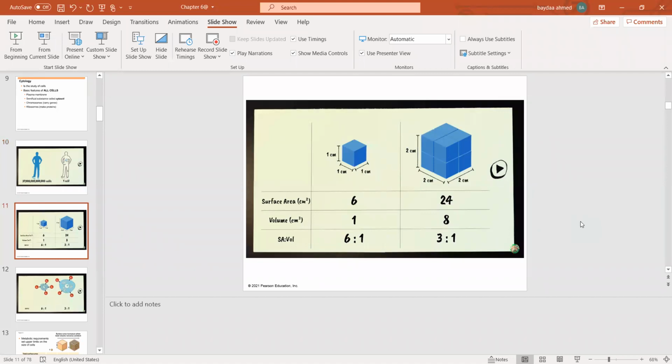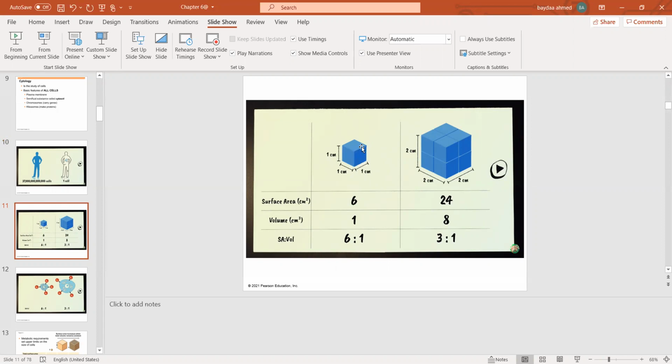Consider these two cubes of different sizes. The smallest cube is 1 centimeter by 1 centimeter by 1 centimeter. If you want to measure the surface area for any cube, they have 6 squares, and the surface area for each square is height by width.